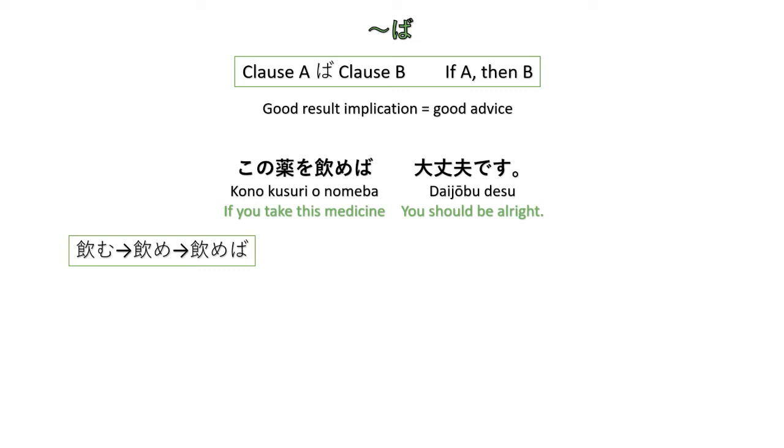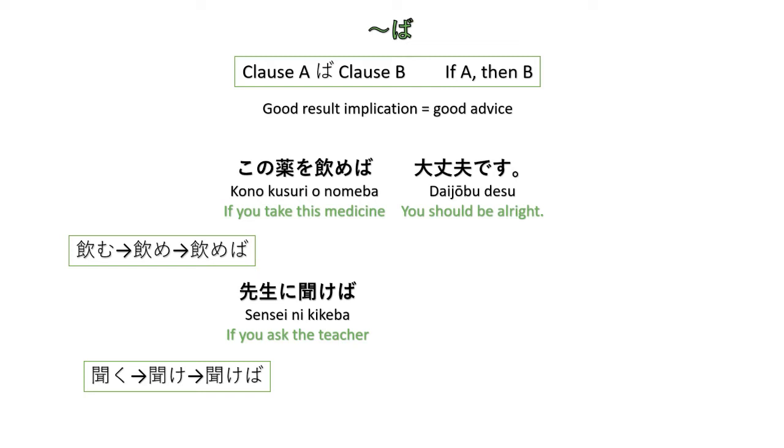So nomeba comes from nomu, nome, nomeba. Sensei ni kikeba, if you ask the teacher, ii n desu. Okay, so these are two pieces of advice, and we use daijoubu and ii n desu. Kikeba comes from kike, kikeba. Sensei ni kikeba ii n desu. If you ask the teacher, everything will be fine.